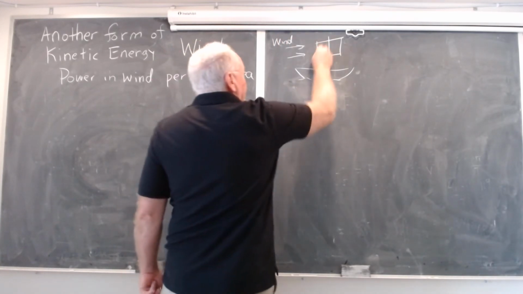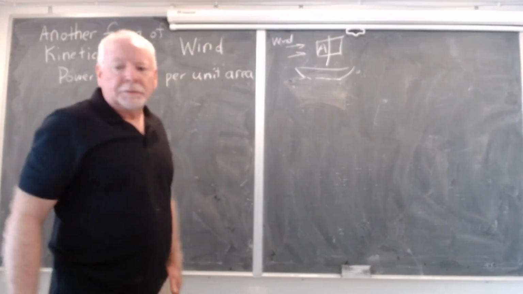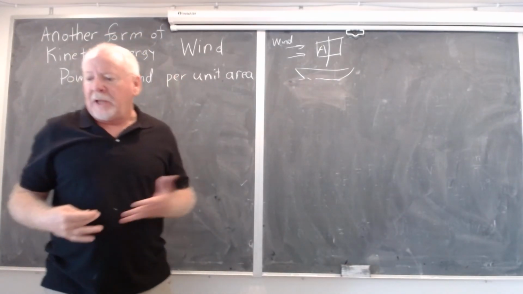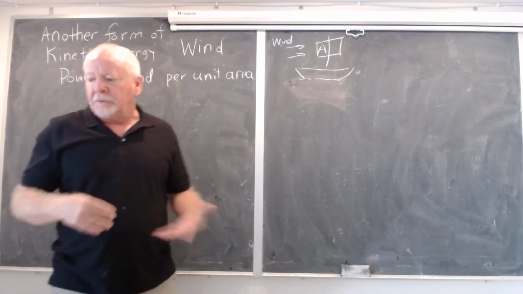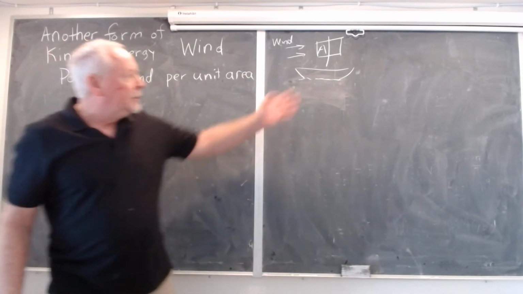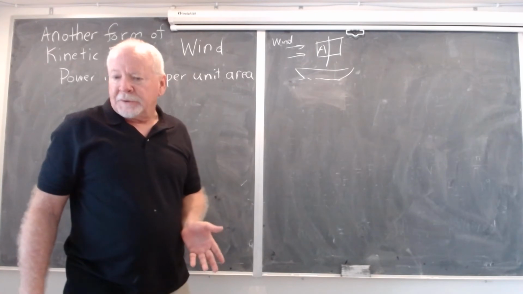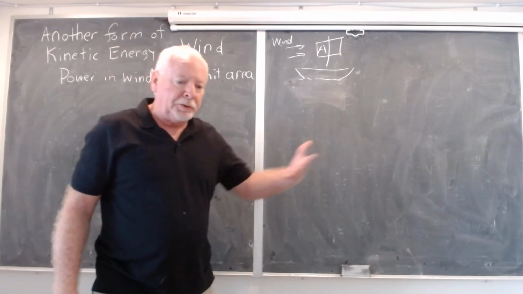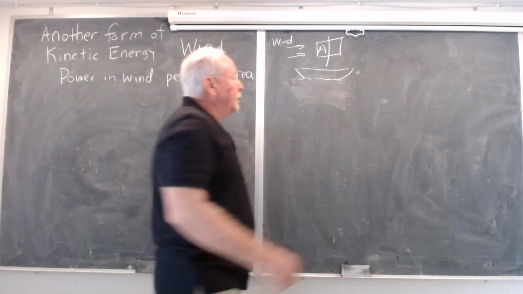Well, the area would be the area of the sail. So I want to know how much power is delivered to the sailboat. I take the power per unit area in the wind and multiply it times the area of the sail, and that gives me the power delivered to that system.